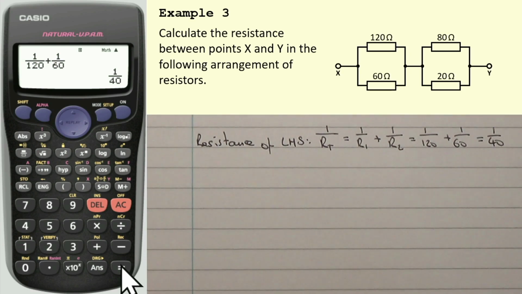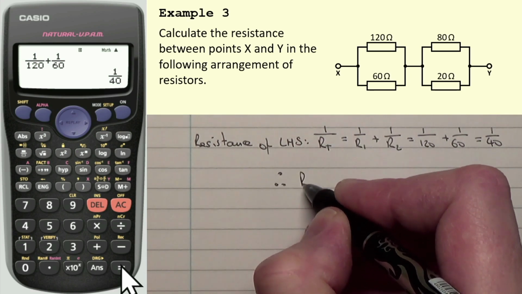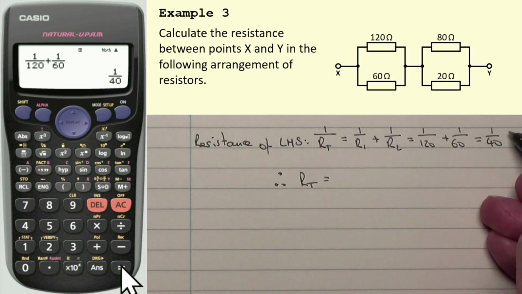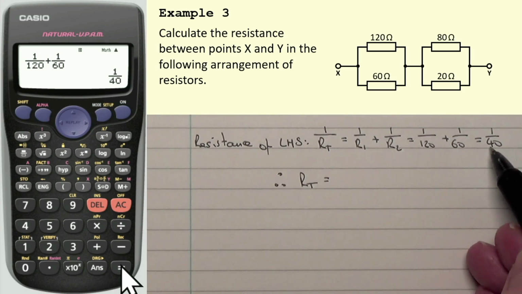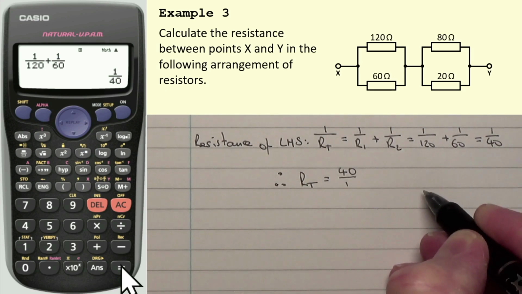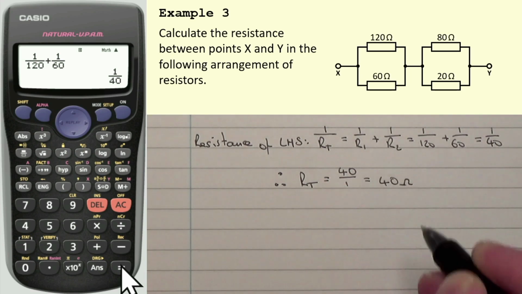Now, the important thing again is that, therefore, RT is equal to, that we flip this right hand side upside down. So obviously if 1 over RT is 1 over 40, then RT itself is just 40 over 1. We don't have to write this part because of course 40 over 1 is just 40 ohms.